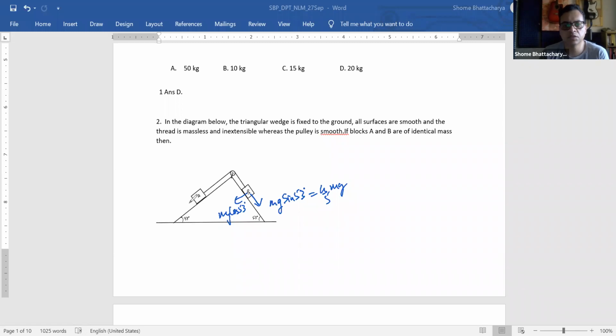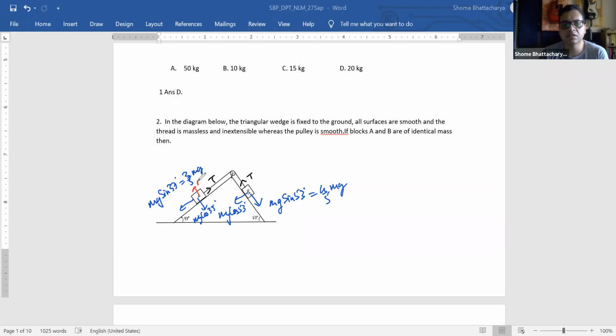Whereas here the component of weight that is acting is mg sin 37, so that is 3 by 5 mg, and this is mg cos 37. Okay, and then of course there is tension and normal reactions.